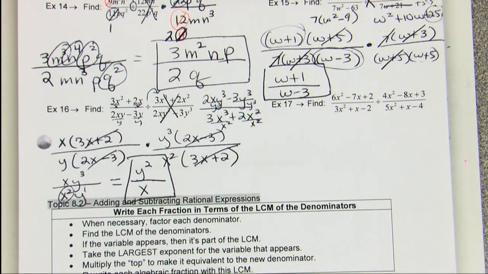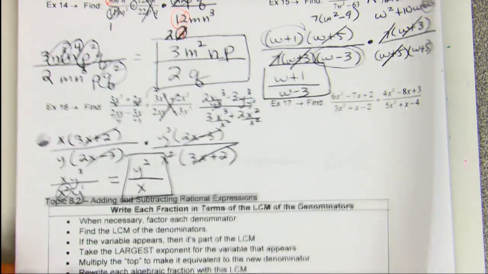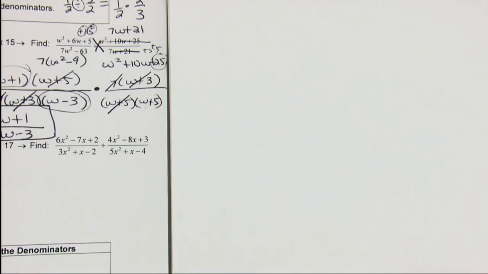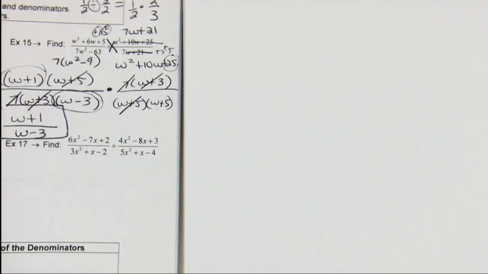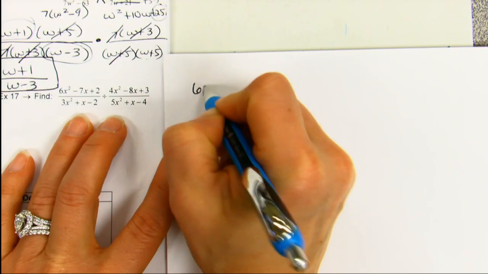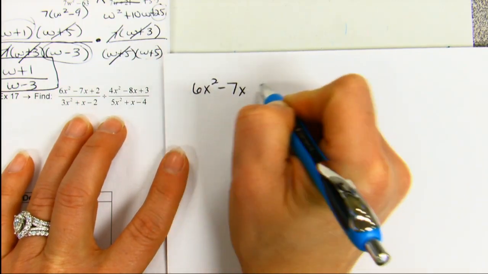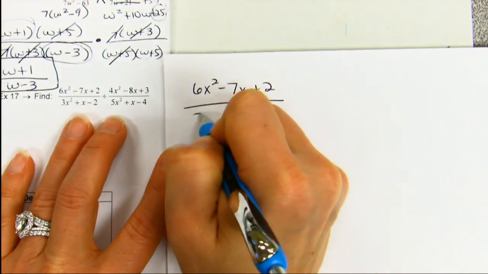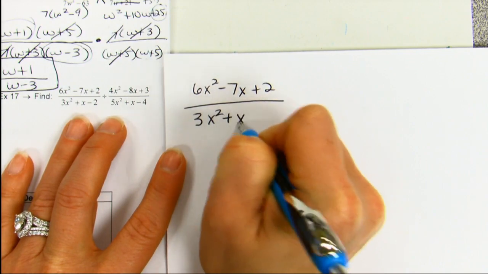Your last example is going to take some effort in factoring. In fact, I'm going to use a blank piece of paper to just show you all the factoring. The first thing that you have to do in this problem, I'm going to keep it over here to the left, but I'm going to write the work over here, is we do have to flip the fraction to the right. So these first two things stay the same.